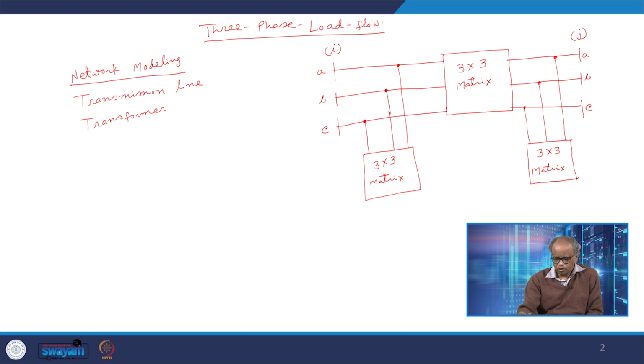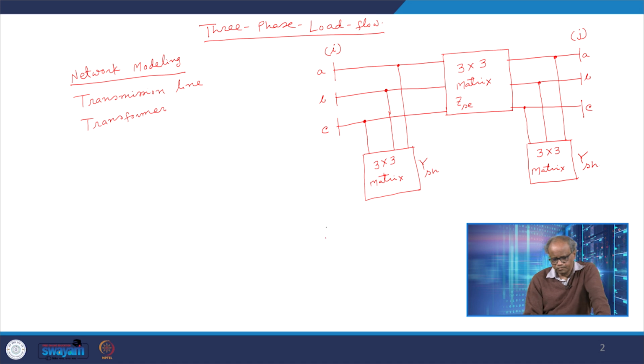So we call this matrix Z series, and we call this matrix Y shunt, Y shunt.